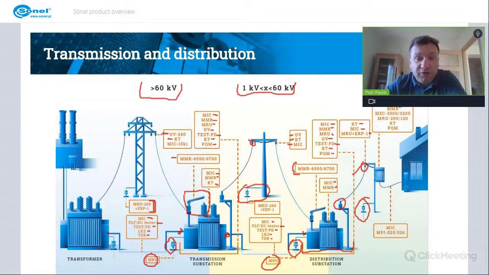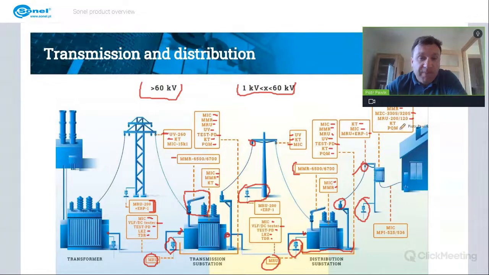With micro-ohmmeters of MMR series, we can check continuity. Here we can also check short circuit loop, and on the transformer station we will need to use MZC 330, 320, or the older model MZC 310. We can also check the grounding of such transformer using MRU 200 or MRU 120.